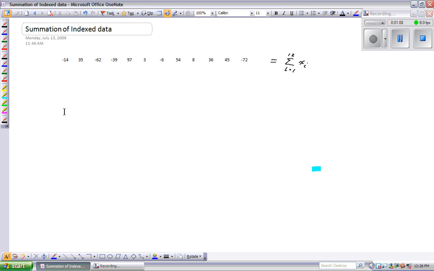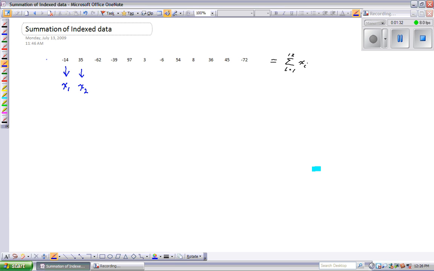So let me try to get this on pen. We see negative 14 is going to be given the number 1, so we're going to call this item x sub 1. Then 35 is x sub 2, the second item in our list.